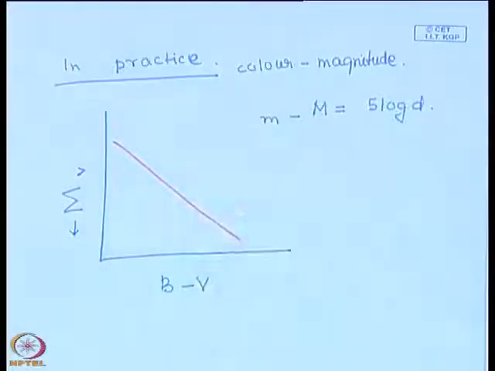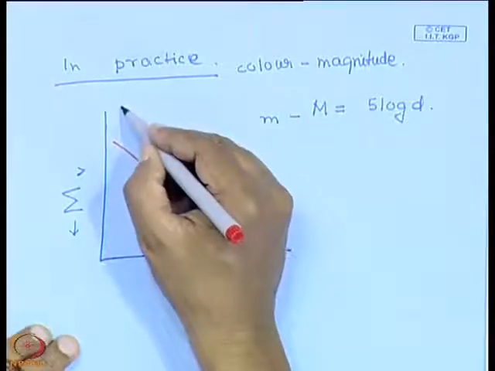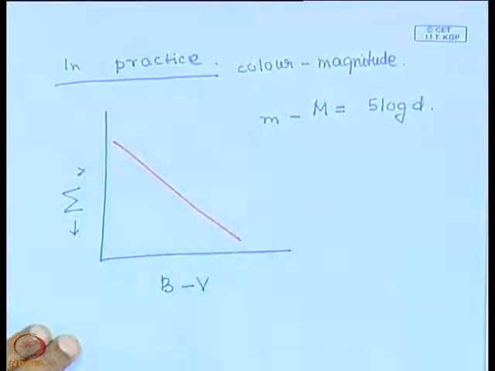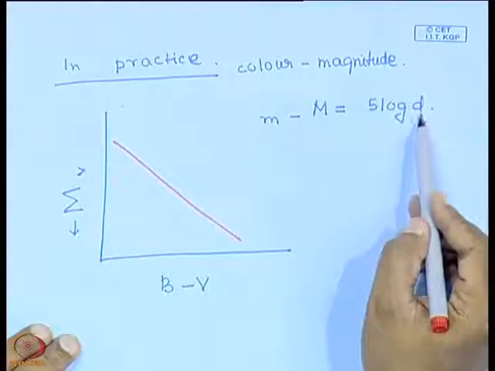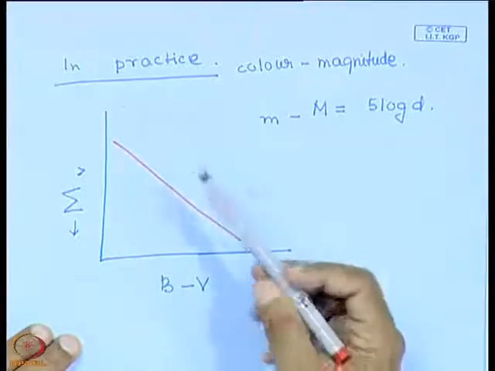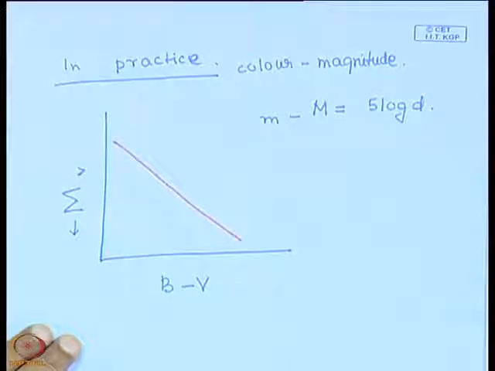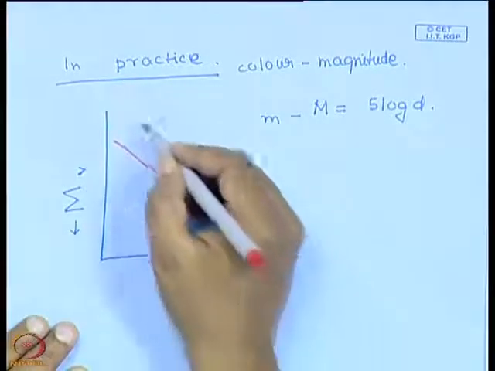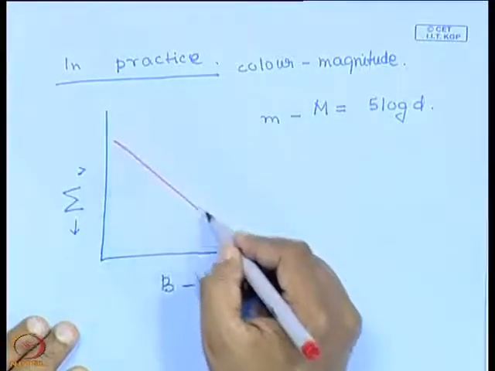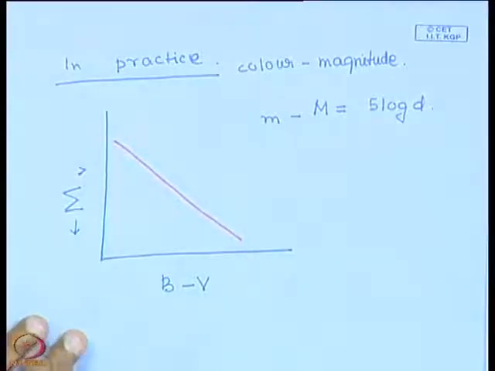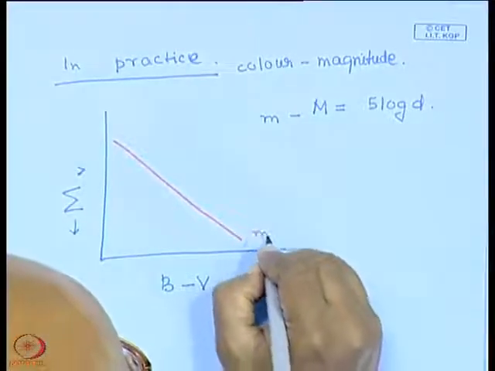Okay. And if you had a different distance, all that would do is shift this entire thing, right, because the distance would shift, that is all. So, the curve would go up and down for different clusters, different groups of stars, but it is found that for all of them the bulk of the stars lie on a band like this. This is called the main sequence.